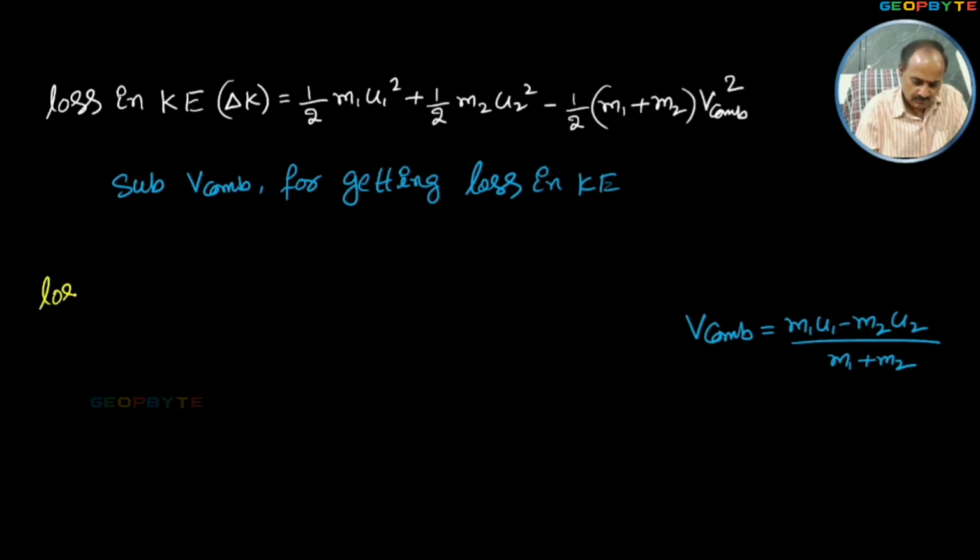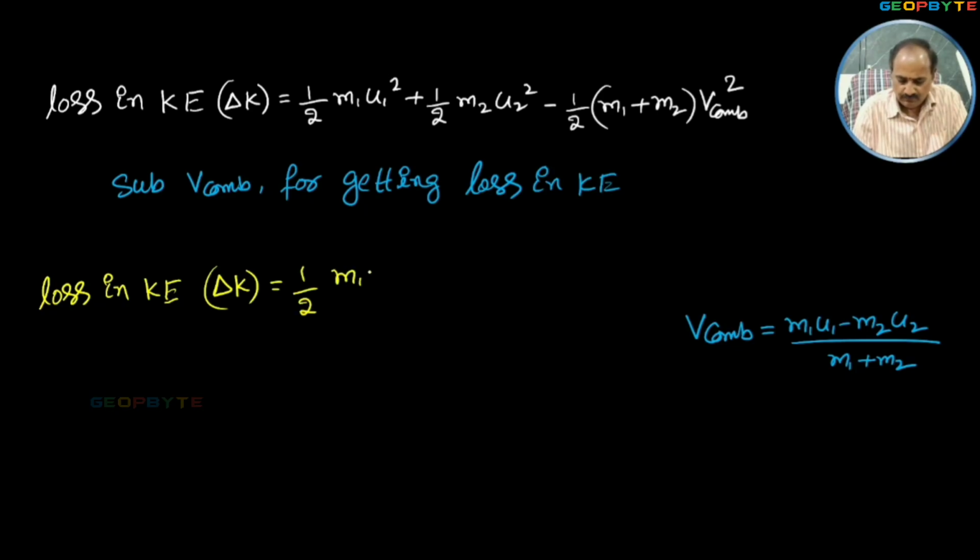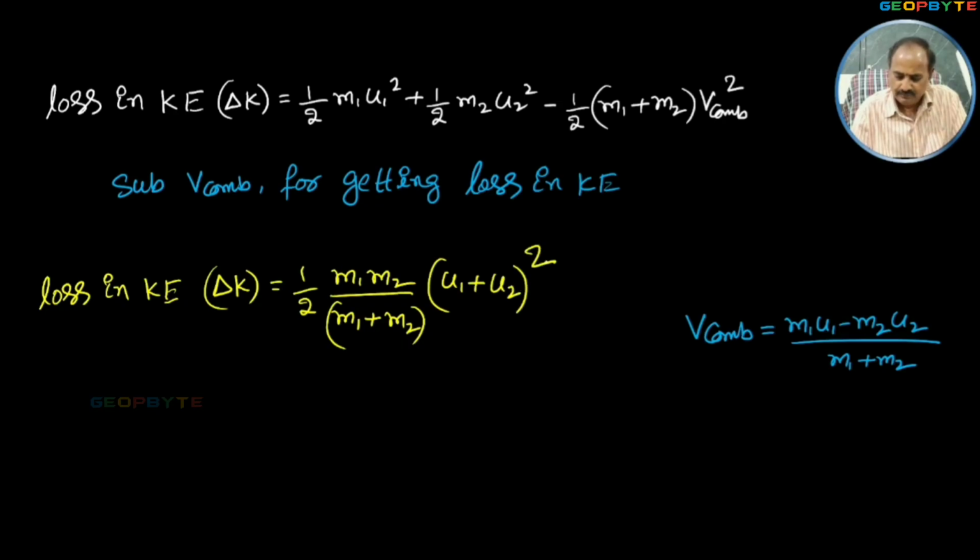So loss in kinetic energy, after substituting the v combined, is half into m1 m2 by (m1 plus m2) into (u1 plus u2) whole square.